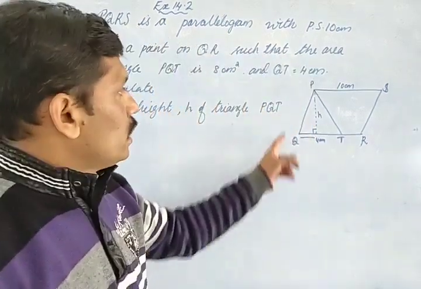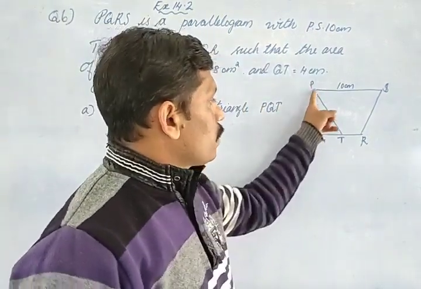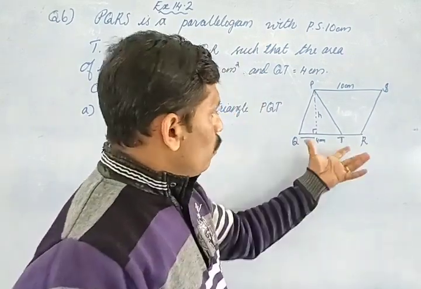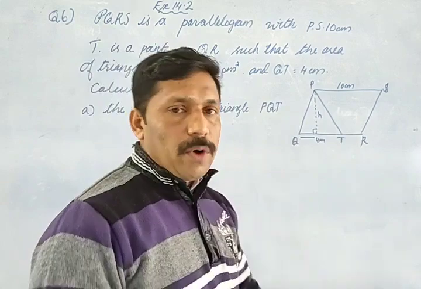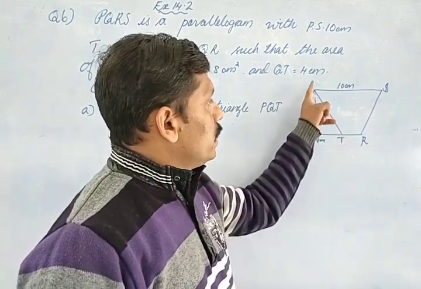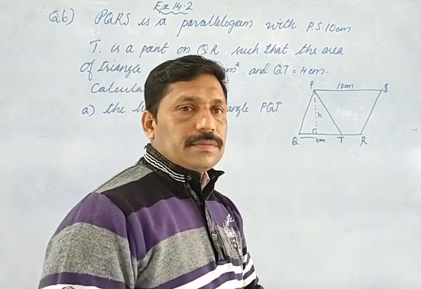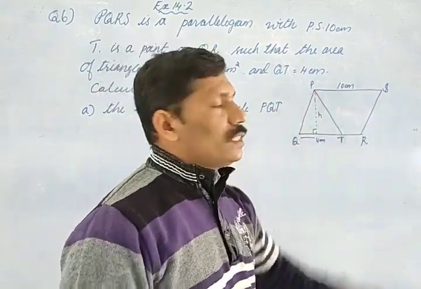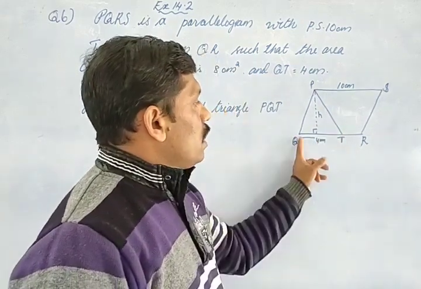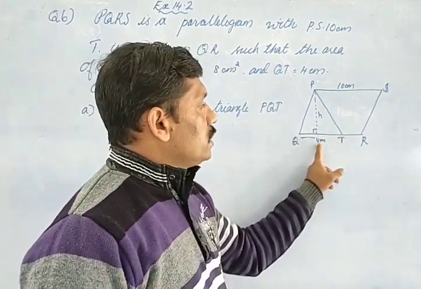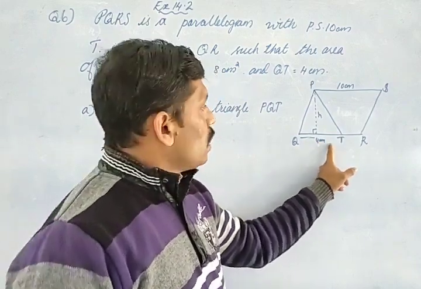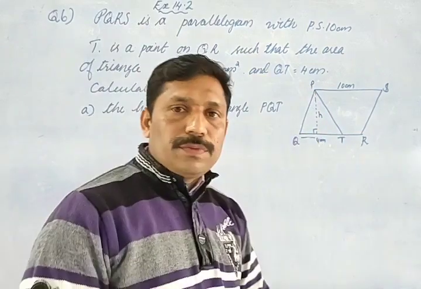So here in the parallelogram PQRS, T is a point, and this is a triangle. PS is one side of the parallelogram, 10 centimeter, and QT is 4 centimeter. This QT is the base of this triangle and its height is not given. We want to find it out.